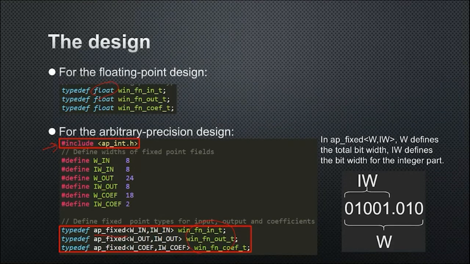For APFix with W and IW, it means fixed point numbers with totally W bits, and the integer part has IW bits. So in this case, the floating point is 32 bits, and in the fixed point design, they are set to 8 bits, 24 bits, and 18 bits.